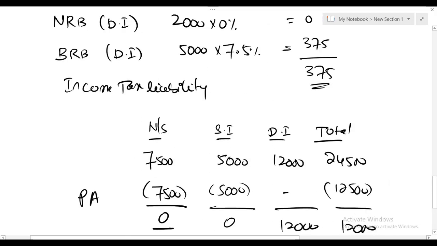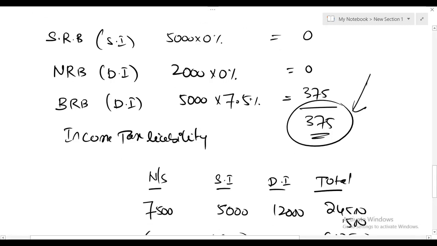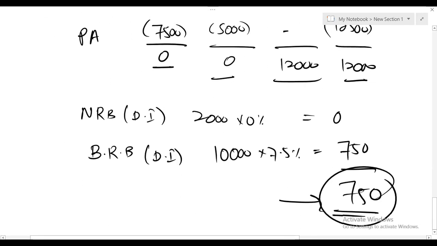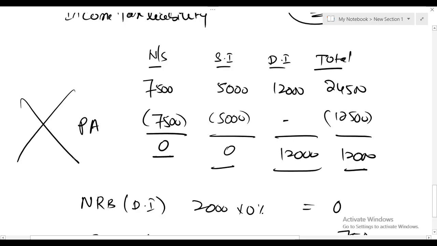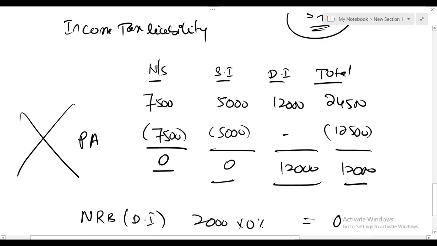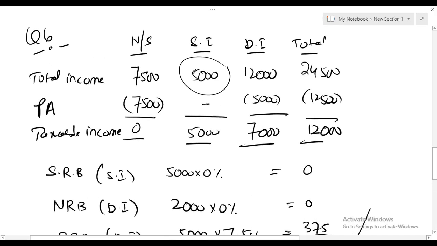And over here, when I change the allocation, your tax is 375, which is actually 50% of 750. So that is proof that you should not go for this personal allowance sequence. The change in personal allowance sequence is beneficial for you.